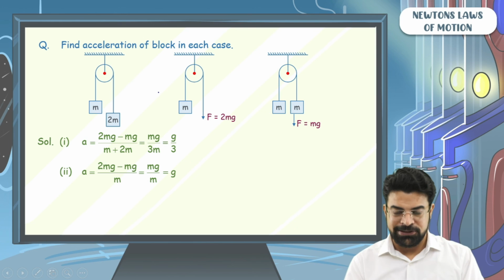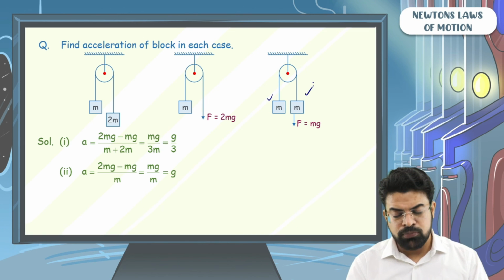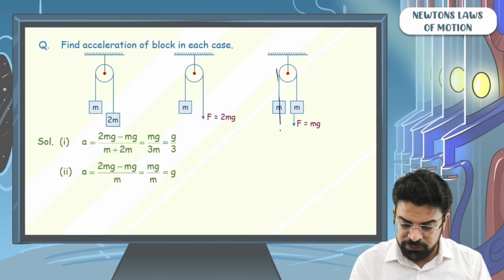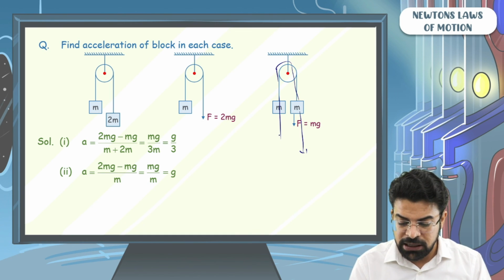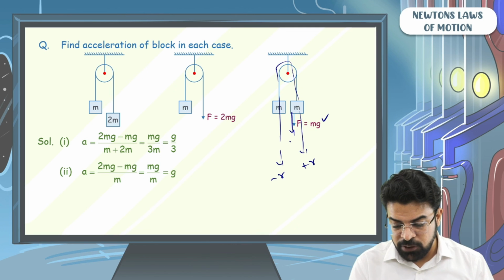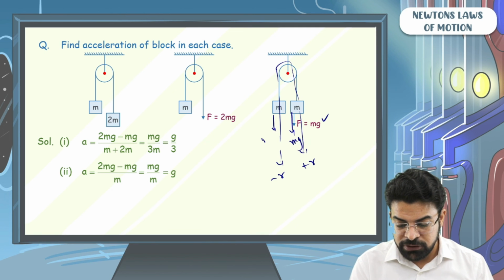And the last case, here we have two blocks, both of mass m, but on the right block we have applied an additional force of mg downward. So again, if you think of the equation along the string, this is positive y, this is negative y. Here an external force mg, here a force of gravity mg, and here a force of gravity mg.